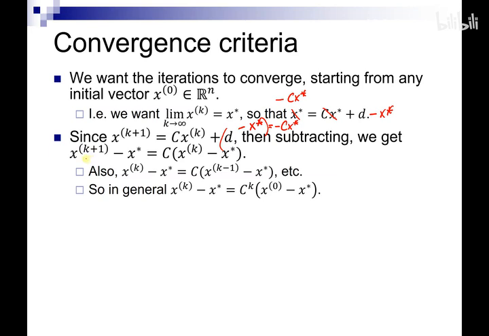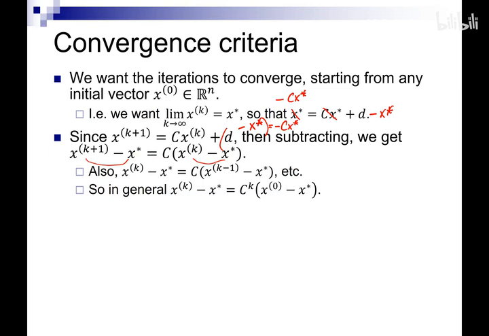The left-hand side is the error in x of k plus 1, because you're just subtracting x star from x of k plus 1. And this says that the error in the k plus first iteration is equal to C times the error in the kth iteration. That's what this formula indicates.